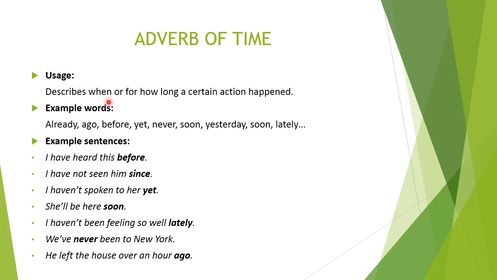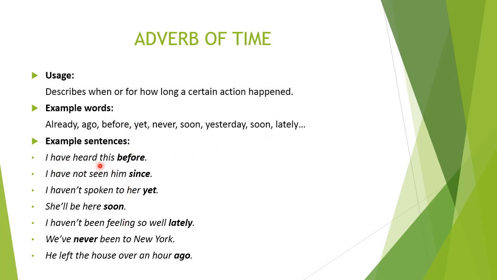Describes when or for how long a certain action happened. Clear? Example words: already, ago, before, yet, never, soon, yesterday, lately. Clear to everyone?